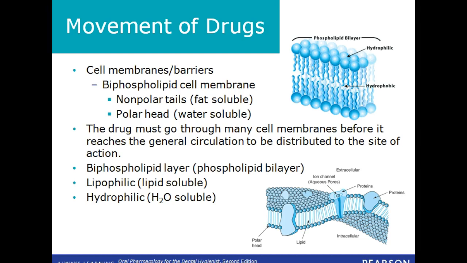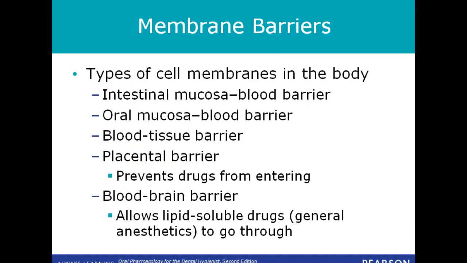See Figure 2-3 for more information. The types of cell membranes in the body include the intestinal mucosa blood barrier, the oral mucosa blood barrier, blood tissue barrier, placental barrier, and blood-brain barrier.